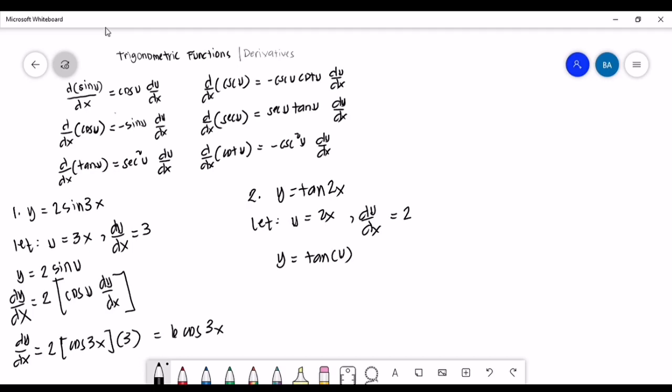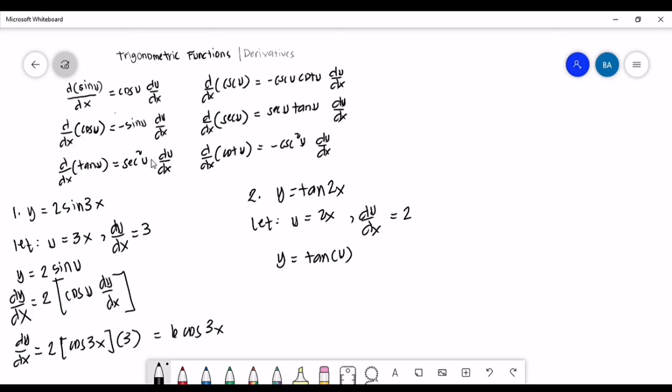Based on our observation, it falls under the third theorem, where the derivative of tangent u equals secant squared u times du dx.